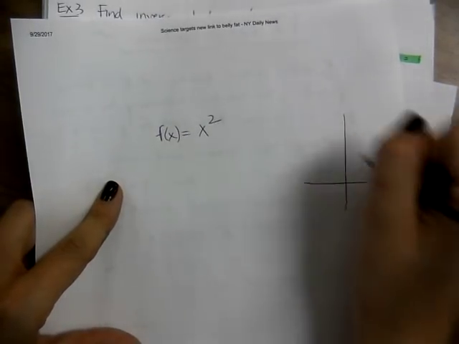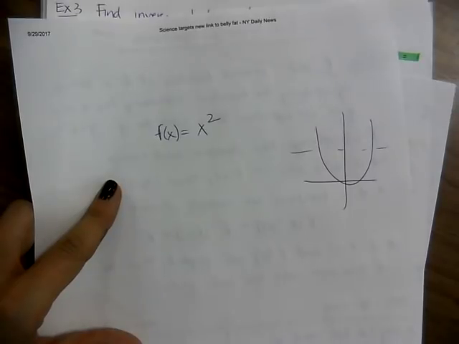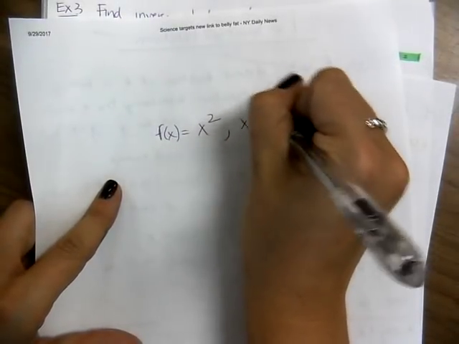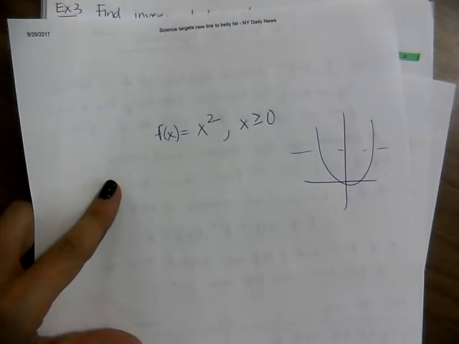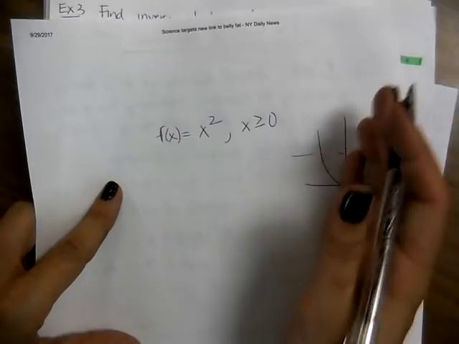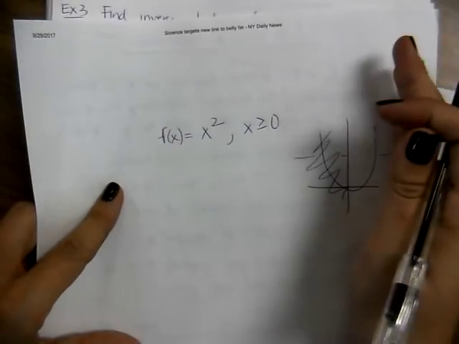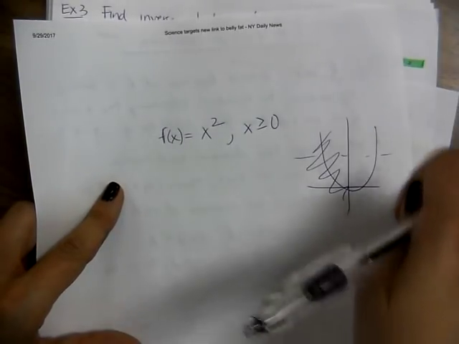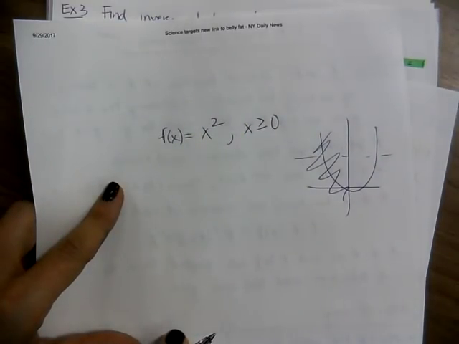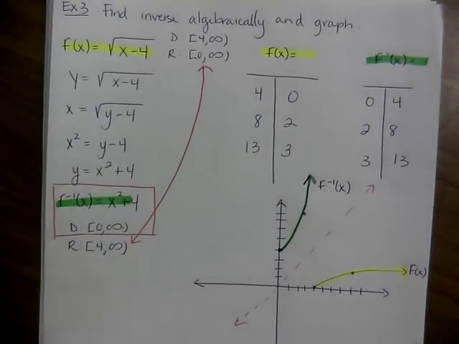No, because it's not one-to-one, right? If it's not one-to-one, it can't have an inverse. But now what if I put this stipulation: x is greater than or equal to 0. Isn't that giving you a restriction on the domain? This is saying you can only look now at the right side, therefore it's one-to-one. If there's a restriction at the beginning, then we've got to make sure we talk about that restriction at the end. Okay?